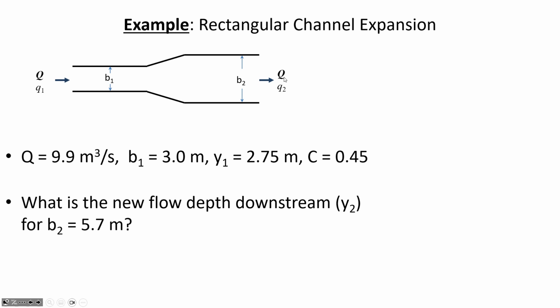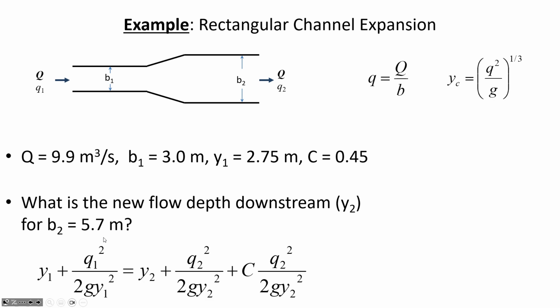The volumetric flow rate is the same, but the flow per unit width, lowercase q, at location 2 is smaller because B is bigger. So partly the change in depth is because of that, but then also we have this energy loss effect that we're going to be accounting for in the equation. So if the new width is 5.7 meters, then what would be our new flow depth downstream?